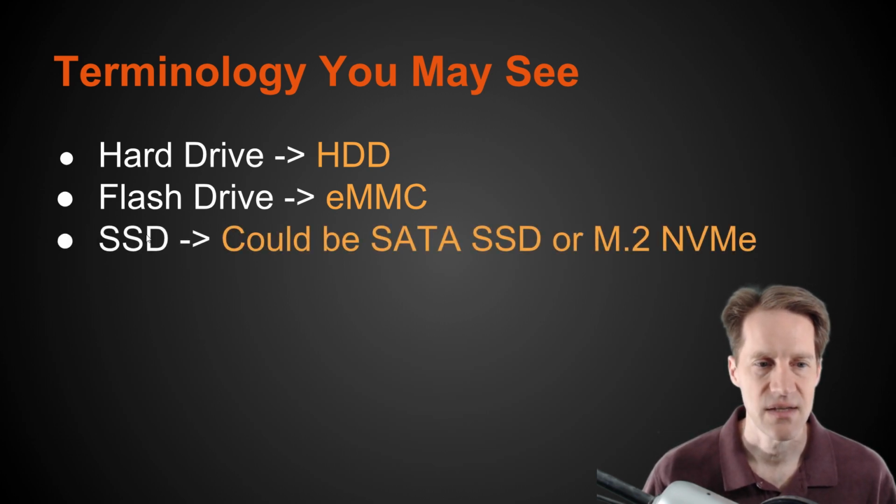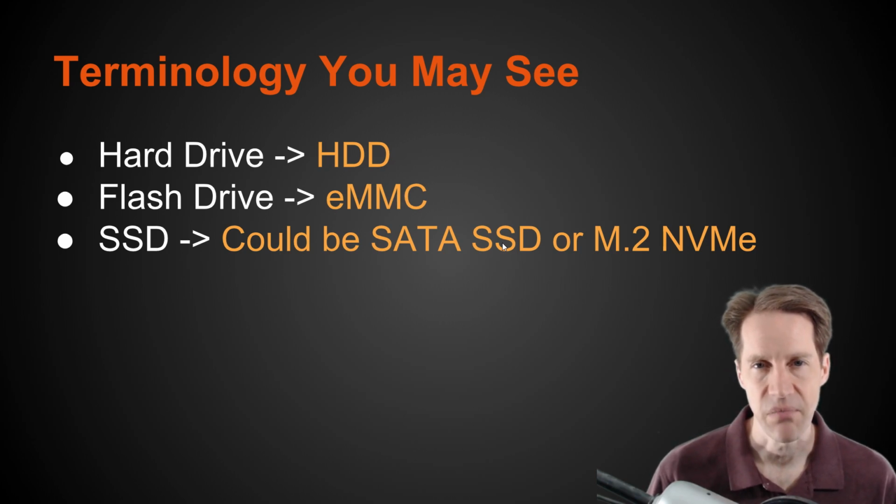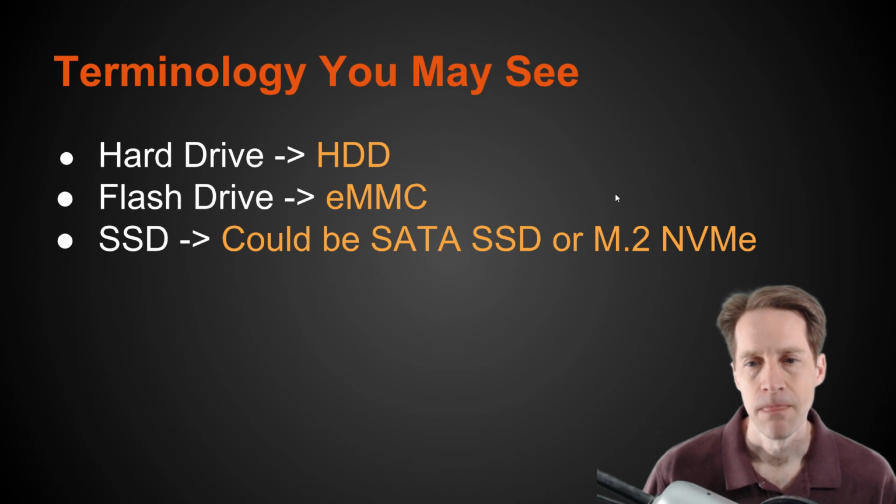Now, when someone says something has an SSD, you may want to investigate and ask, is this a SATA SSD? What that means is it's kind of a drop-in replacement for a hard disk drive, and it is much faster than a hard disk drive.